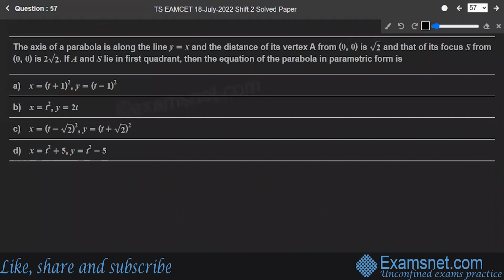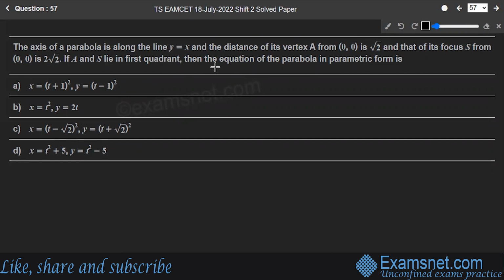Question number 57 says the axis of the parabola is along the line y is equal to x, and the distance of its vertex A from the origin is root 2, and that of its focus S from the origin is 2 root 2. If A and S lie in the first quadrant, then the equation of the parabola in parametric form is.